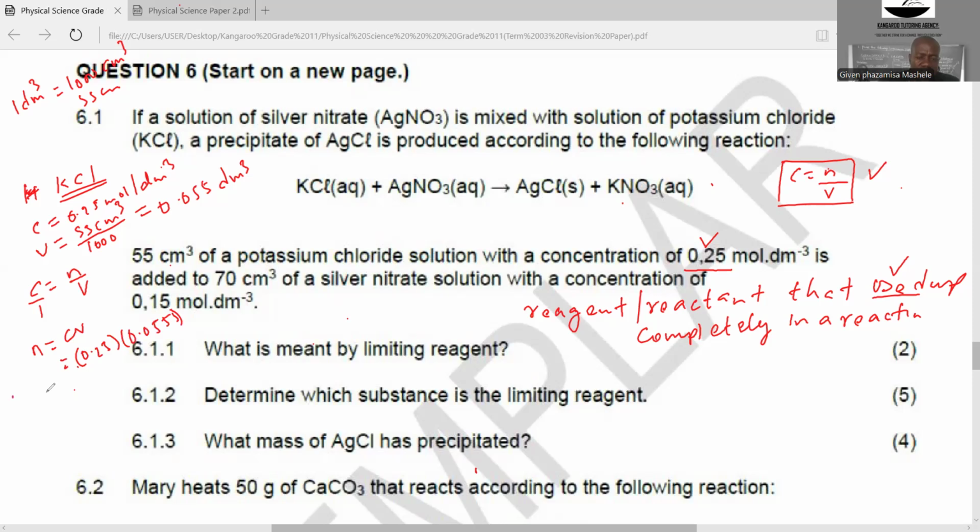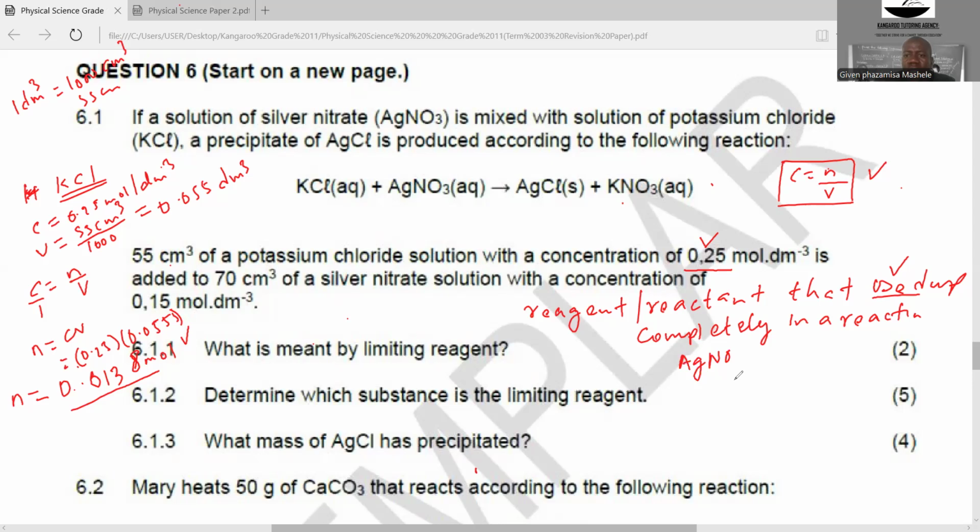And this will give us the number of moles of 0.0138 mole. Let's round to 4 decimal places. So the initial number of moles of potassium chloride is 0.0138 mole.